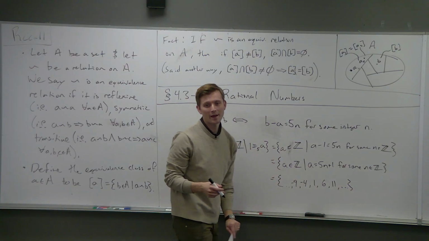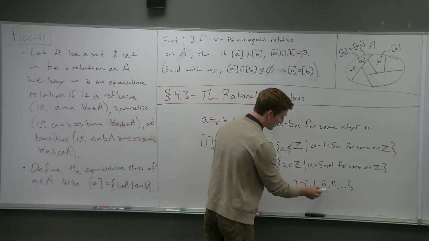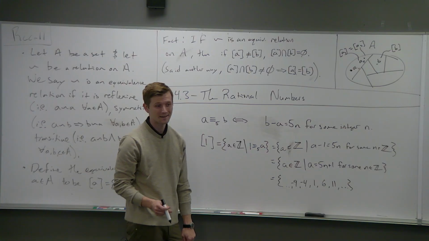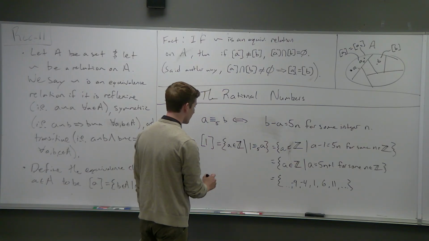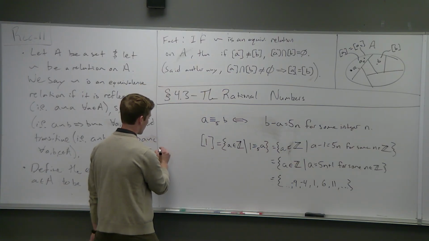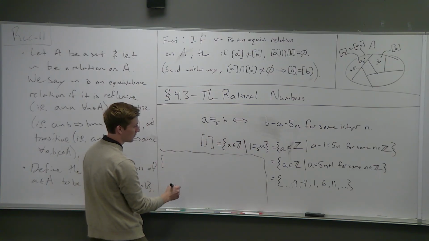Okay, what's something that has the same equivalence class? Easy to tell. Just pick any one of these guys. So if we pick, for instance, let's do the equivalence class of, say, 6. This is not great board work, but whatever.